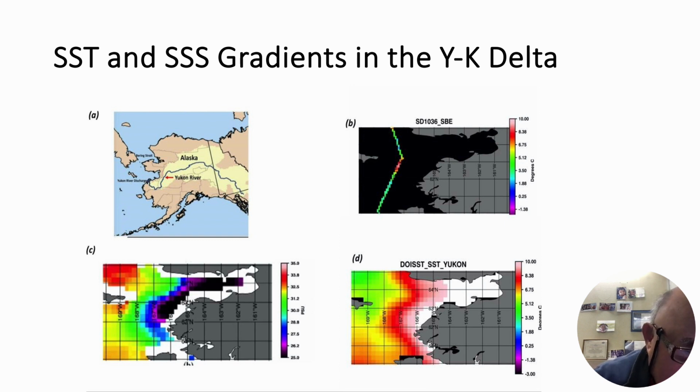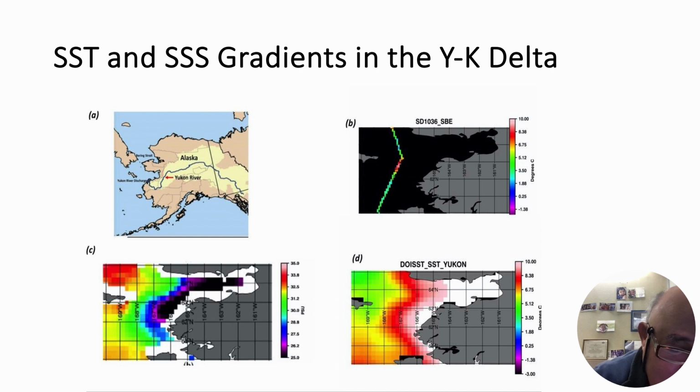The lower left-hand panel, again, the same map showing the freshening associated from SMAP of the Yukon River. And the lower right-hand panel D is again the sea surface temperature that you see in that area based on the daily optimally interpolated sea surface temperature product from NOAA.